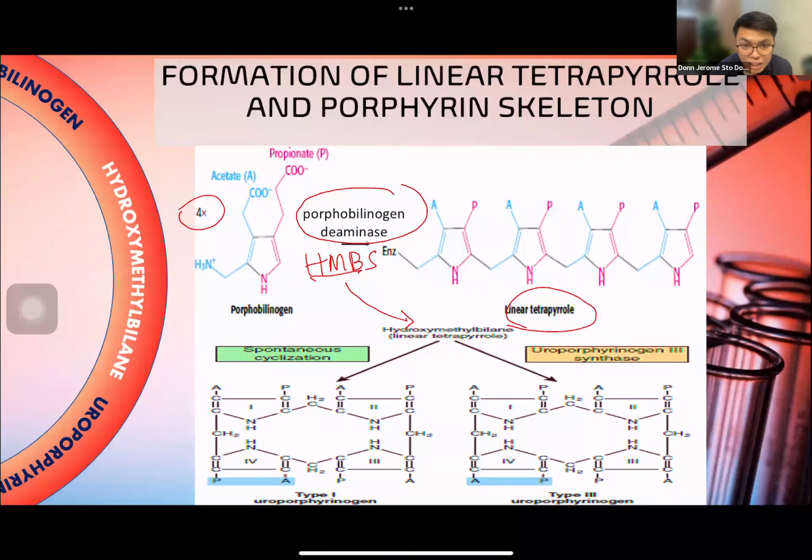Please take note of the side chain that you produce from your hydroxymethylbilane. It's made up of acetate and propionate. Okay? Tandaan, para hindi malito dun sa mga side chains.